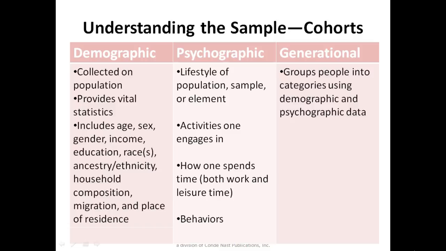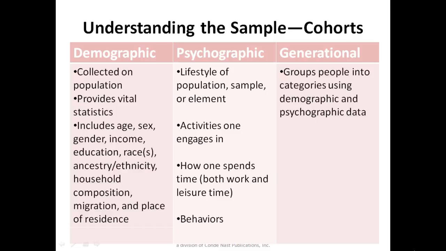So first, if you look at demographic data, you could have a demographic cohort, and it's collected on your population, and it provides vital statistics, and it can include age, sex, gender, income, education, race, ethnicity, household composition, place of residence.